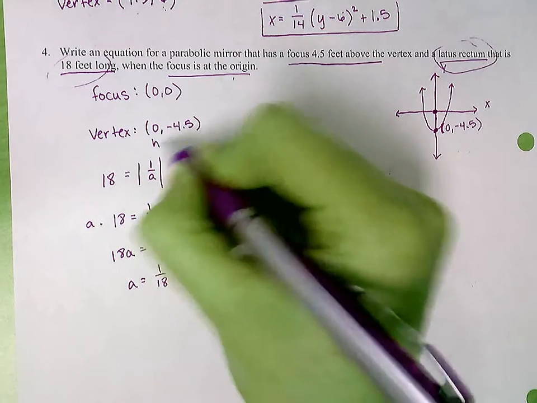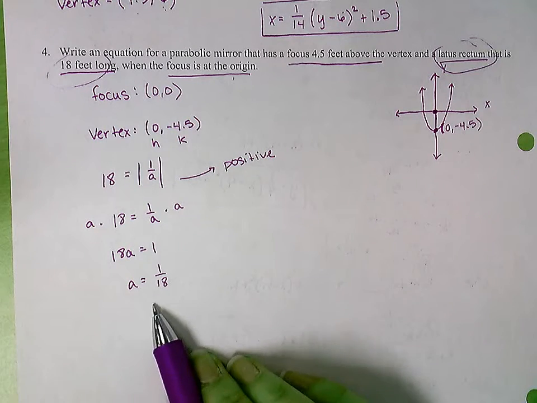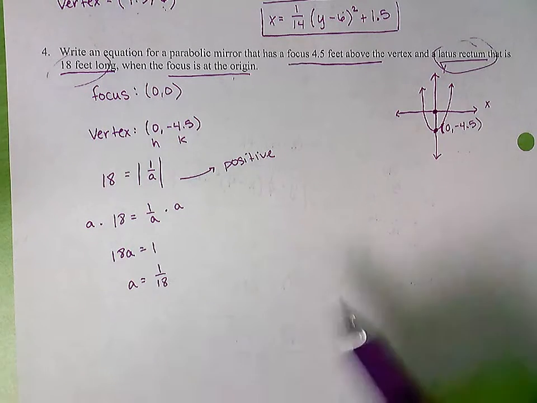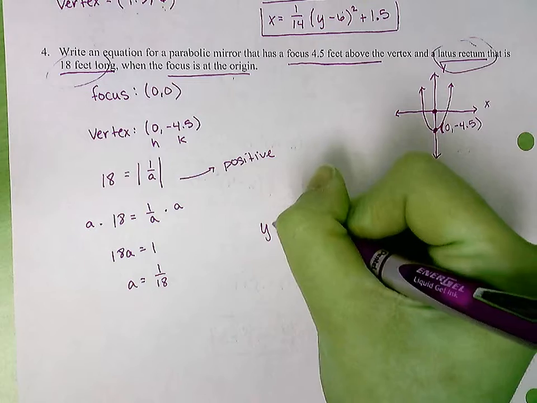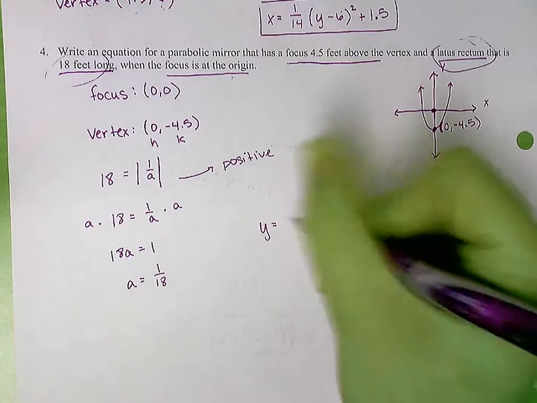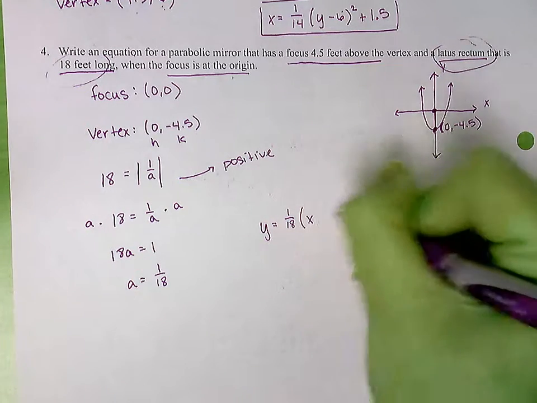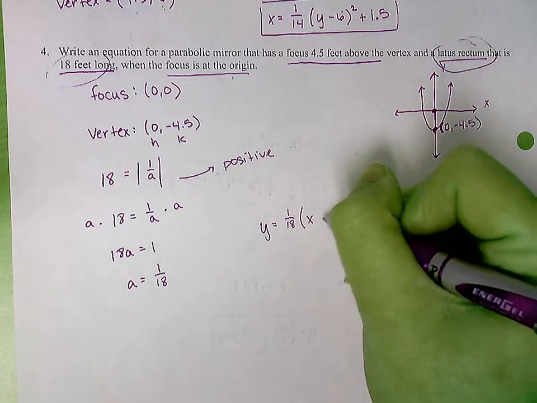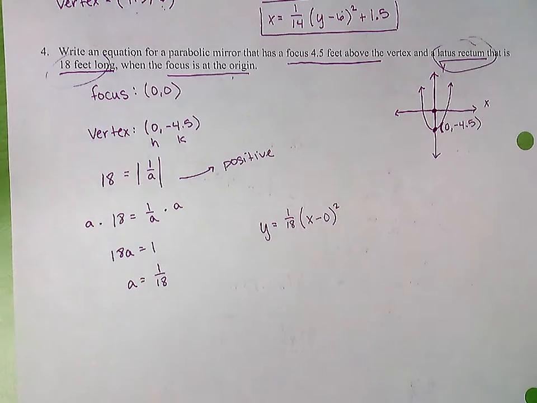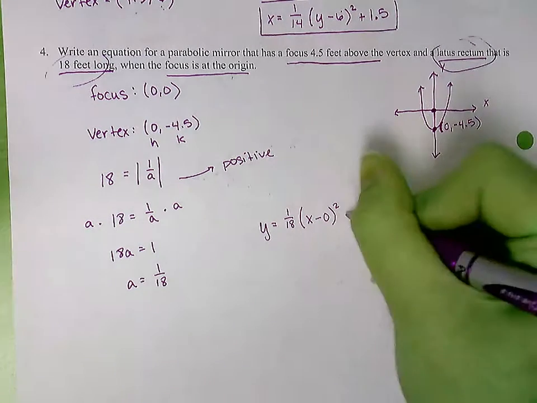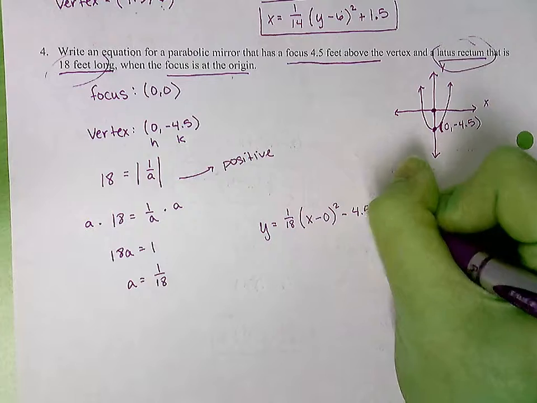Okay, so here we have H, K, and A. So I can write out my equation. So we have Y equals, our A value is 1 over 18, times X minus H is 0, squared, and then plus K, so that'll be minus 4.5.